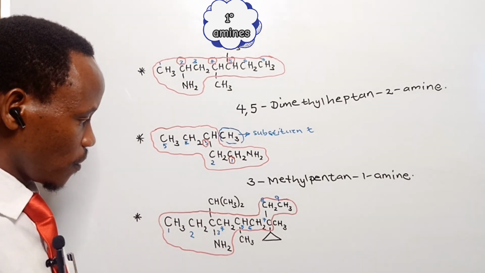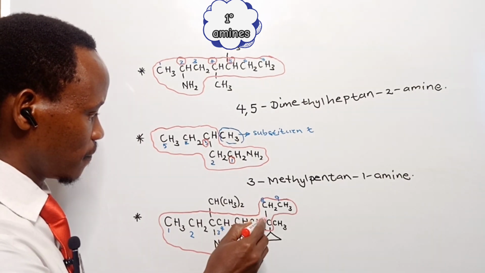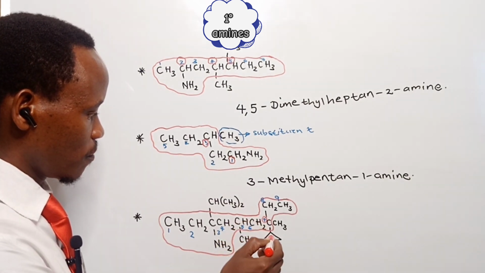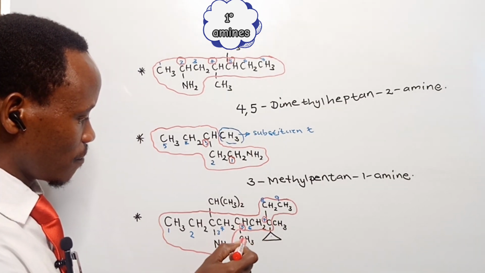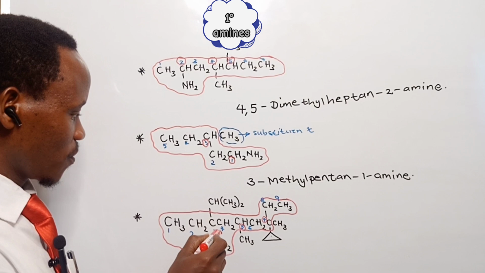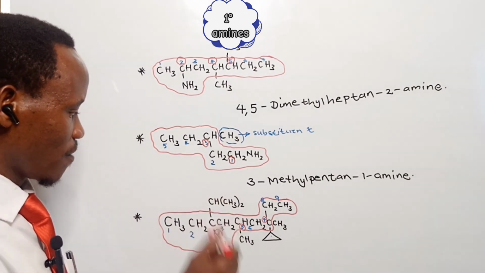Now, on position 7, there are 2 groups, this one and that one. On position 5, there is a methyl group. On position 3, we have that one and that one.